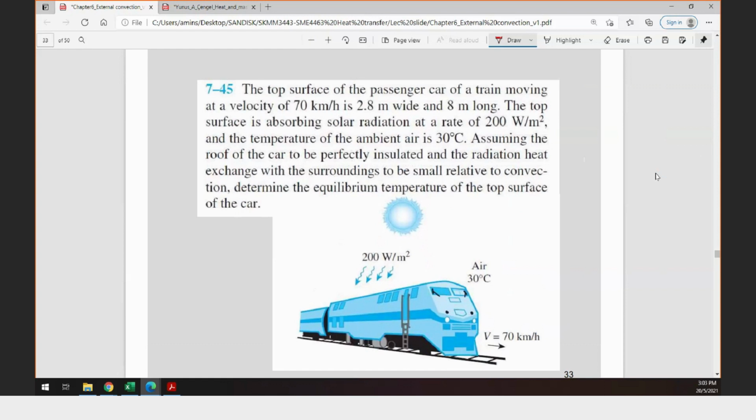Take 5 first while you read this one, while others try to understand this equation. Those who already took 5 can read this problem and how to solve it. This is a heat flux problem, a heat flux condition.